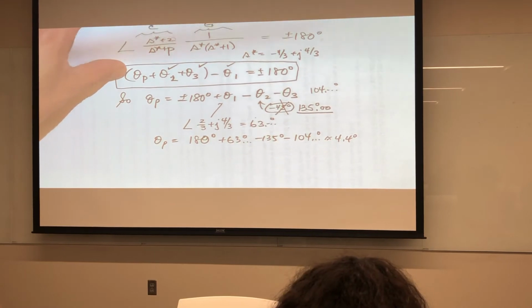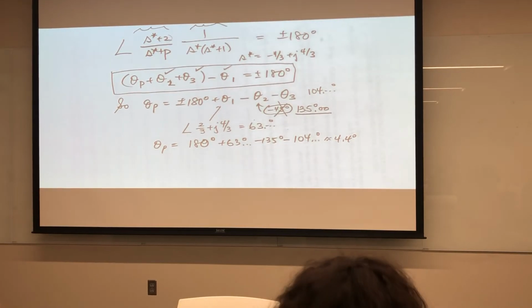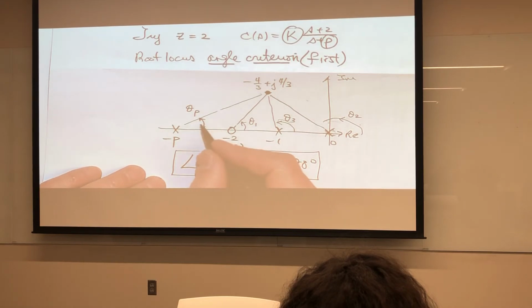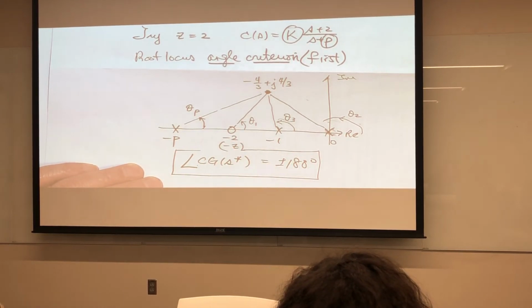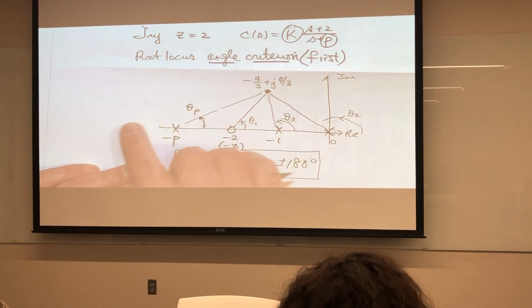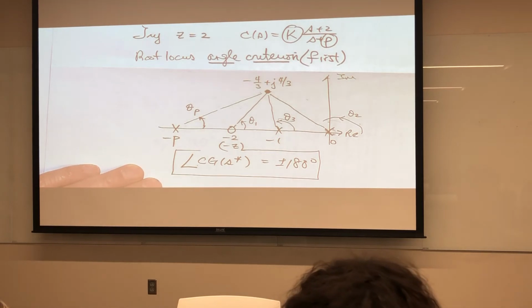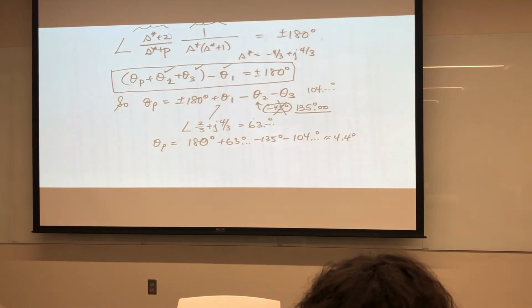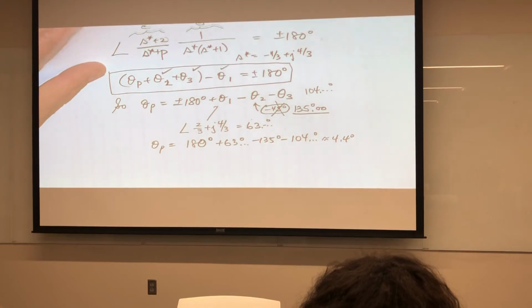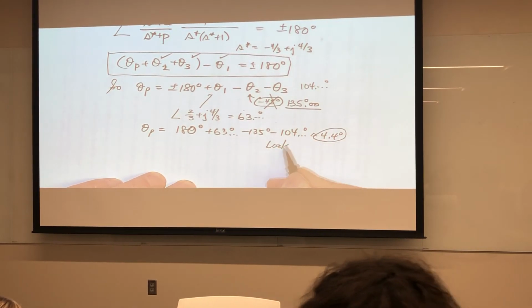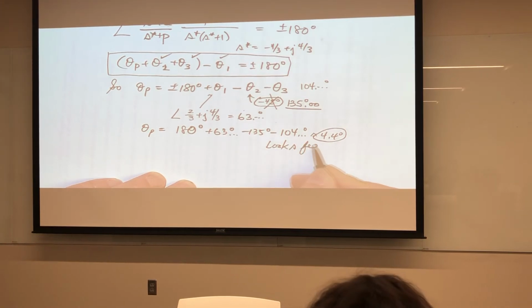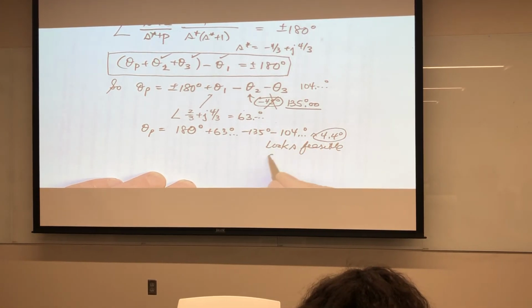Let's come back to the picture. We have solved for this, and this thing should look like 4.4 degrees. Does that look reasonable? It looks like it could be feasible. If I put P far enough out, this angle could be maybe just 4 degrees. All right, so it looks feasible on the diagram.